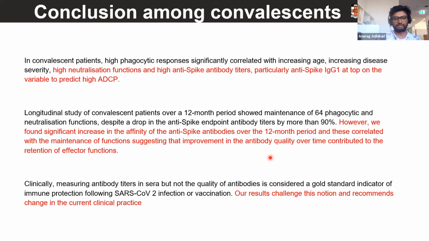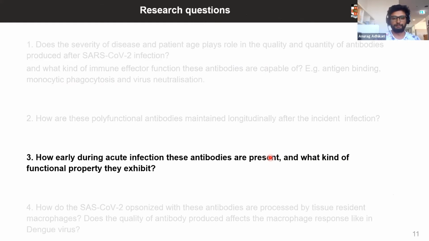And what this part suggested to us, and what we want to relay is, rather than having only the titer as an immune correlate or induction of immunity, we would suggest incorporation of at least neutralisation and ADCP function as a marker of immune response. So measuring antibody titers in sera might not be optimal for knowing the immune response, because that's what we saw in convalescent patients.